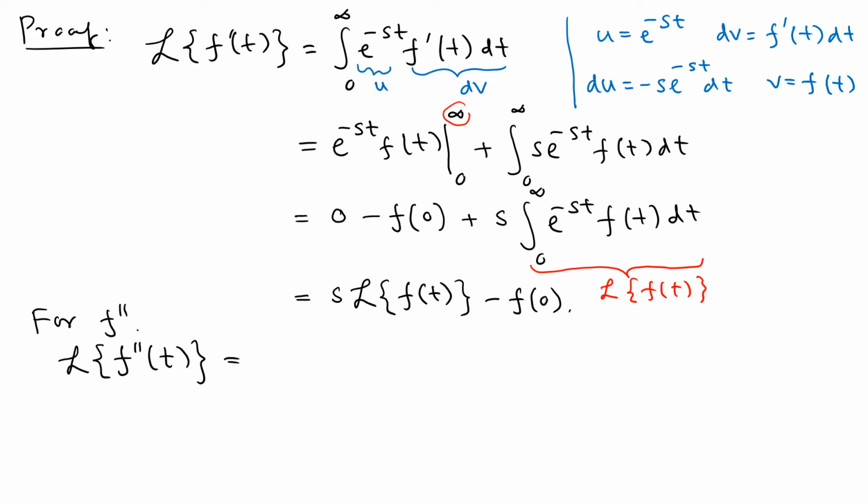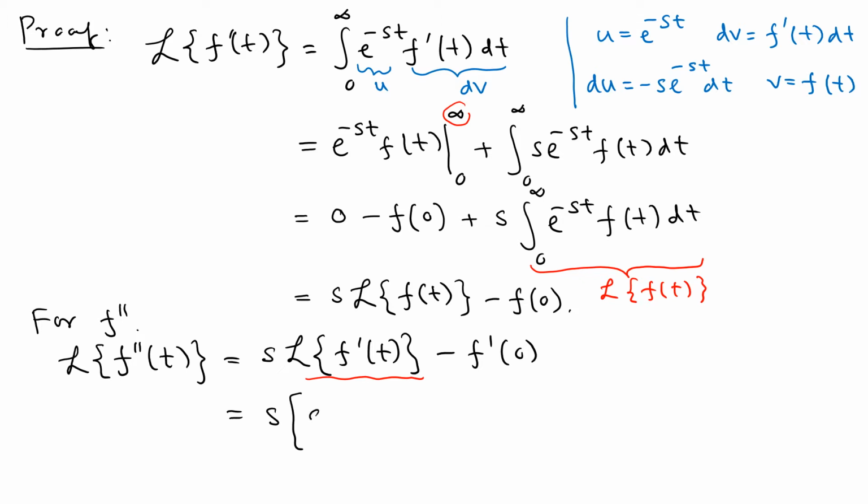If we do that, here we get s times the Laplace transform of f prime t, and then minus f prime 0. Now we can substitute for this one because we already know this part. So it is s times s times the Laplace transform of f(t), using the previous formula, minus f(0), and then minus f prime 0.